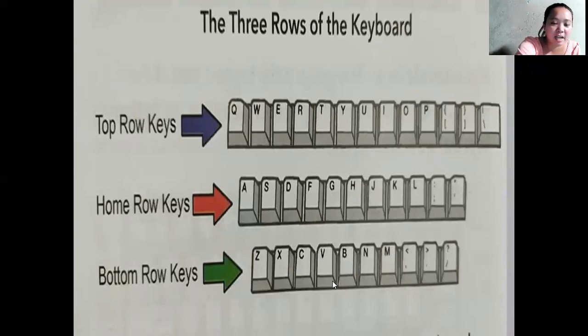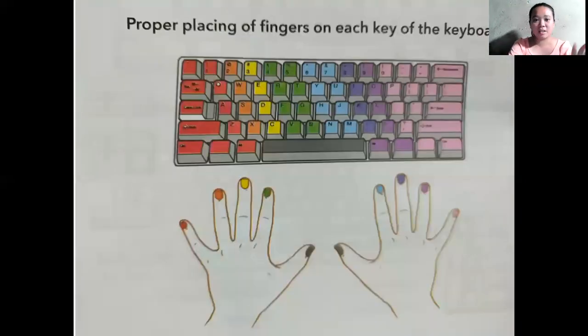The one in the middle, the A, S, D, F, G, H, J, K, L, and other keys, are the home row keys. And the last one, the Z, X, C, V, B, N, M, and the other symbols, are the bottom row keys. Again, the top, the home, and the bottom. Okay? So now, these are the proper placing of fingers on the keyboard.